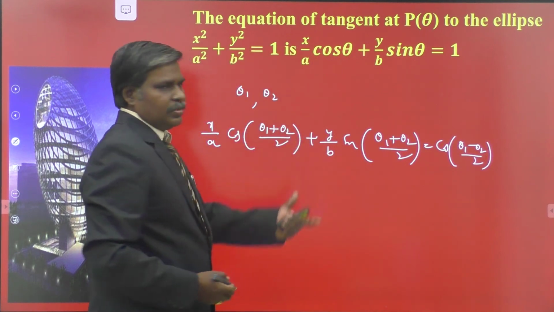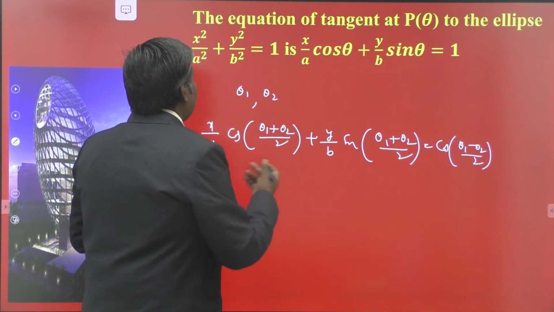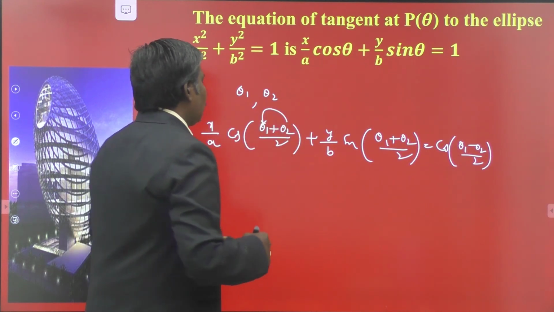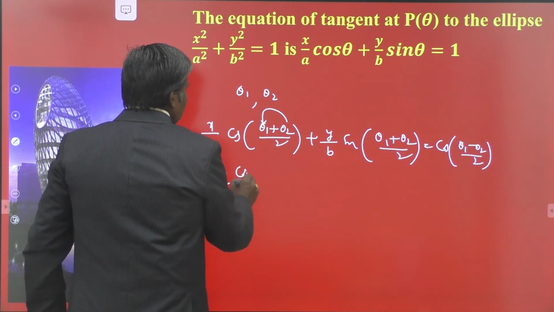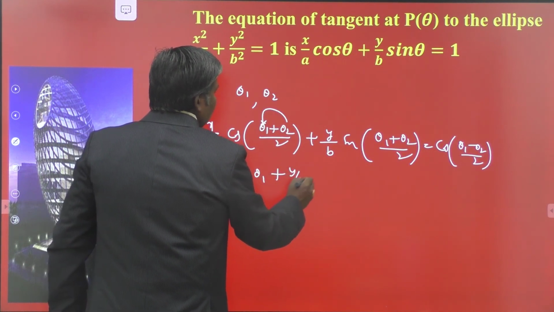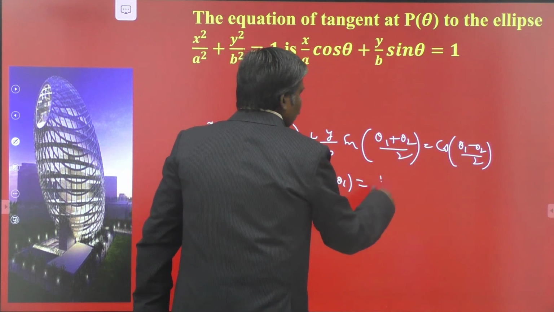Already we derived this. So, to get the equation of tangent at theta 1, theta 2 becomes theta 1. So, replace theta 2 by theta 1, we get x by a cos (2 theta 1 by 2), that is theta 1, plus y by b sin theta 1 is equal to cos 0, that is 1.